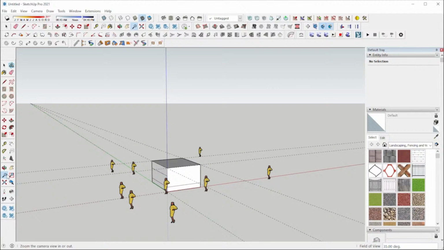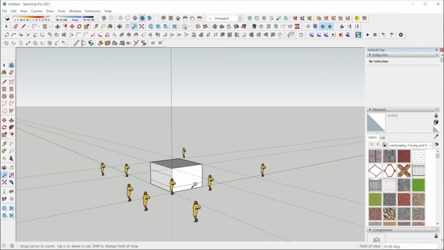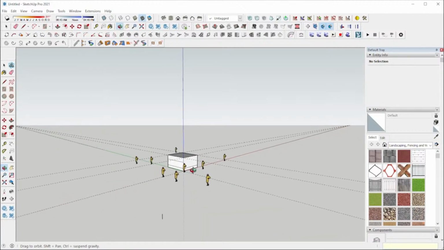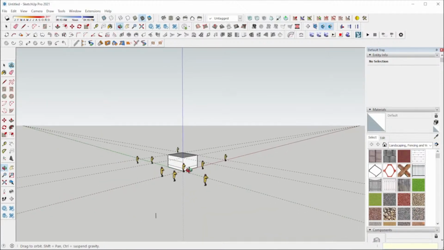If I choose this, I can change the field of view from 35 that we said is our normal field of view to, for example, 60, like a wide camera. Right now we have a wider field of view, and we can see both of the vanishing points in our paper.